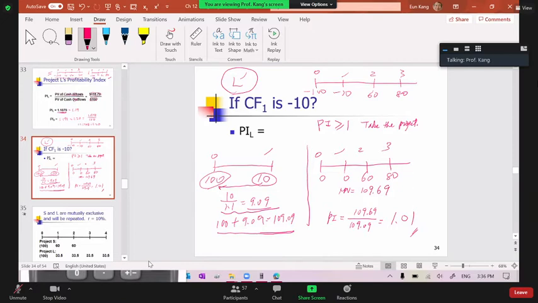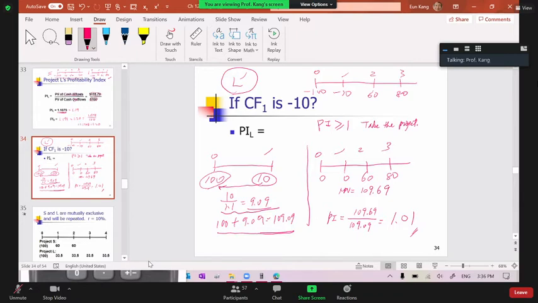How about among mutually exclusive projects? What should be the decision rule using PI? Take the one that's higher PI. Check. The PI that is the highest. But the minimum requirement is PI has to be greater than 1.